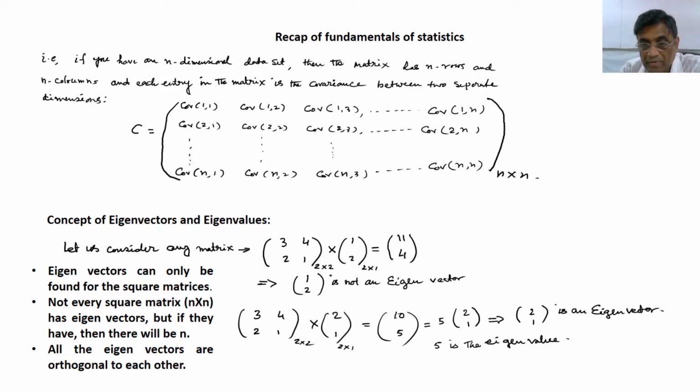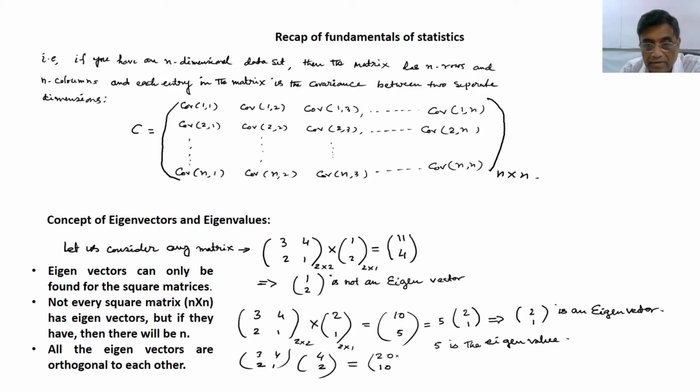And you see, if you multiply the same matrix with this vector, again you see 12 plus 8, 20, 8 plus 2, 10.